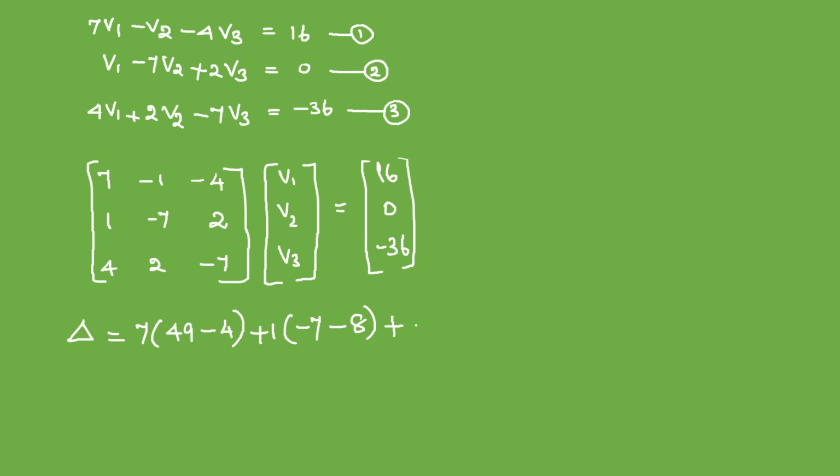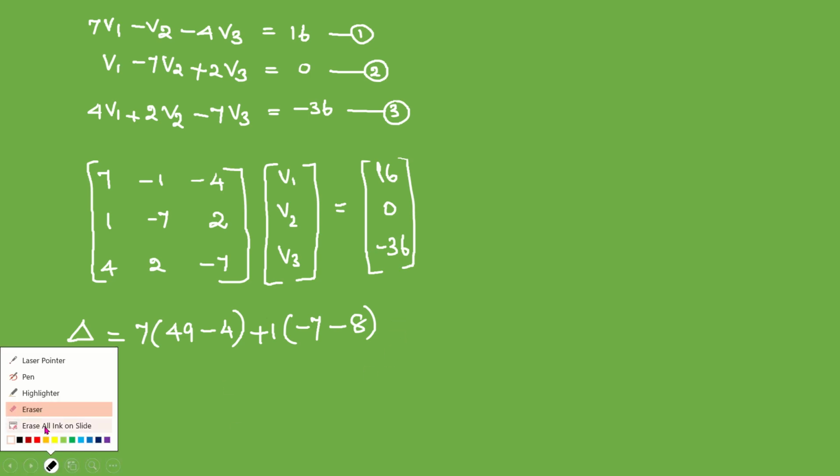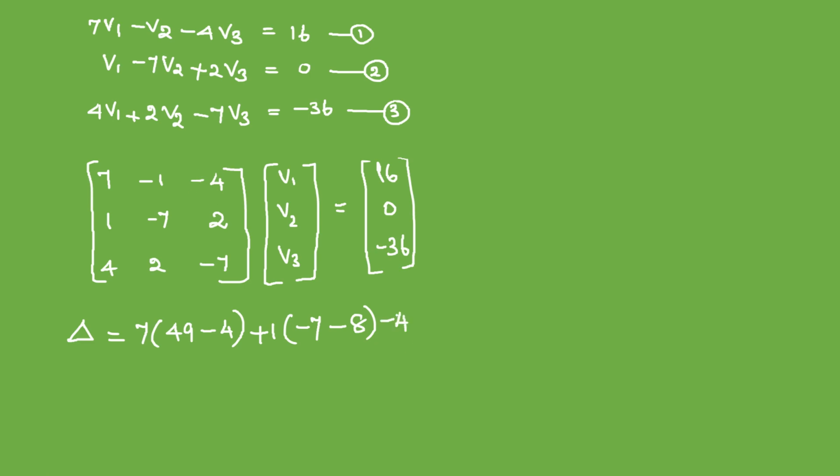This minus 4 sign is there. So here we have minus 4, so it is minus 4 multiplied by this 2 minus, already here minus is there, so minus of minus plus 28.